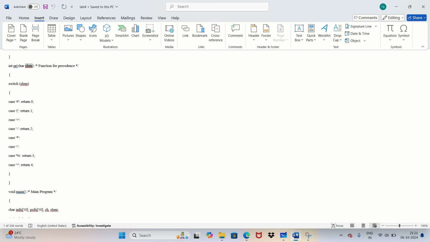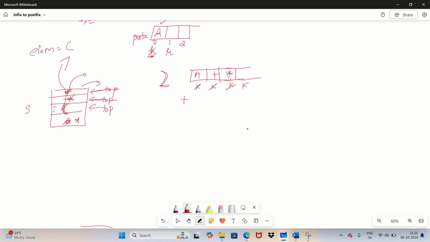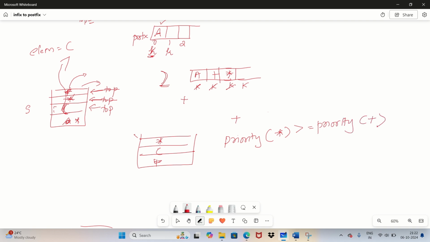Suppose now, for example, imagine another stack, and imagine the topmost you have into. Now plus has come, so you know that you always have to check whether the priority present in the stack is greater than or equal to the priority of the character scanned from the infix.